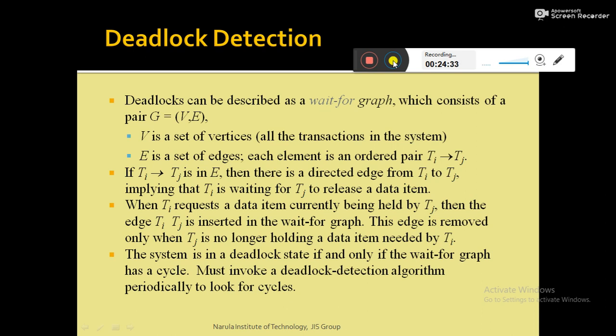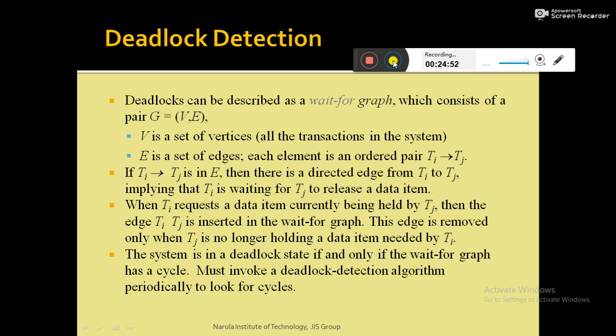Means if the system does not employ a deadlock prevention technique, then the system will definitely enter into a deadlock situation. Deadlock may happen in the system if deadlock prevention is not employed.